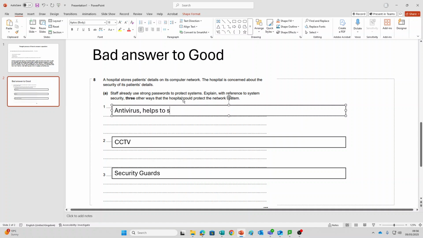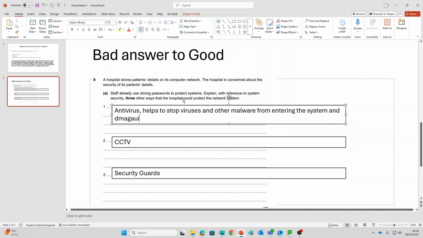Antivirus helps to stop viruses and other malware from entering the system and damaging the data. I'm going to put the network system data, because I want to throw back to them the fact that it says network system here.